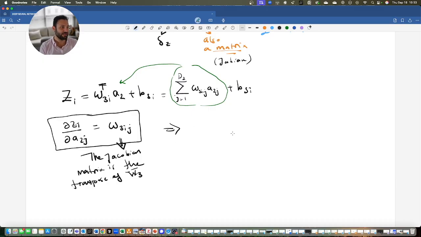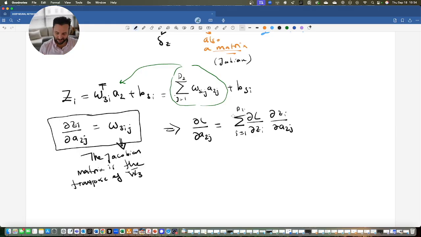And therefore, to sum everything up, I'm interested in dl dA2j so that I can calculate all of these A2j's and then get my dl dA2. I know dl dzi, and for each and every one of the dzis, I have to calculate dzi dA2j, and I have to sum all of them over all of the i's, right?